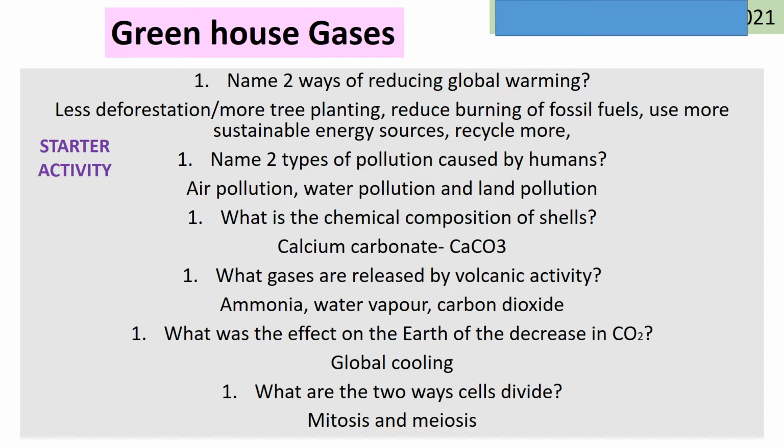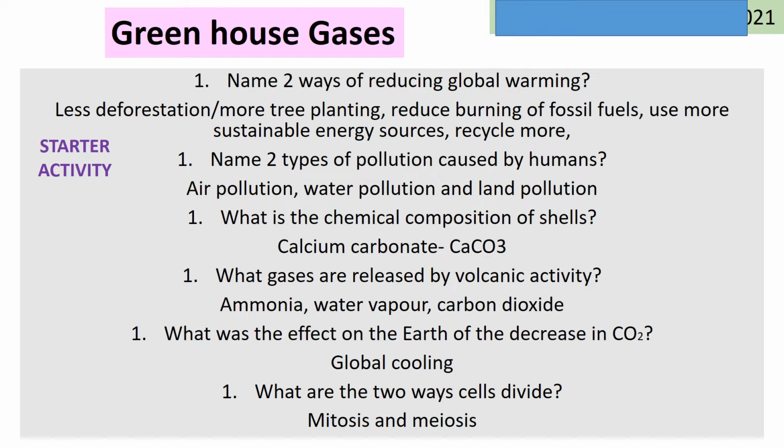Basically any way in which we can produce less carbon dioxide, burn fewer fossil fuels, or take carbon dioxide out of the air by planting more trees, or by recycling more, because as we've talked about previously, if you recycle more, you use far less energy recycling than you do creating a new product, which is really good.